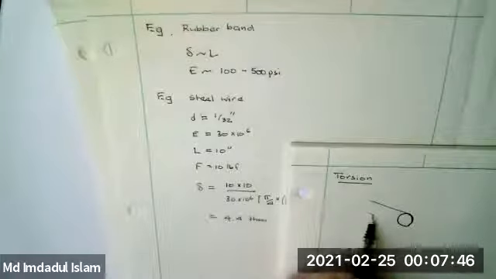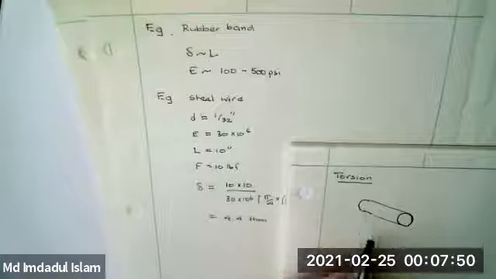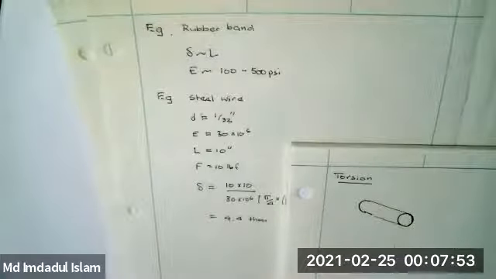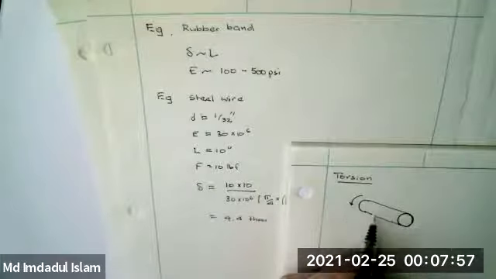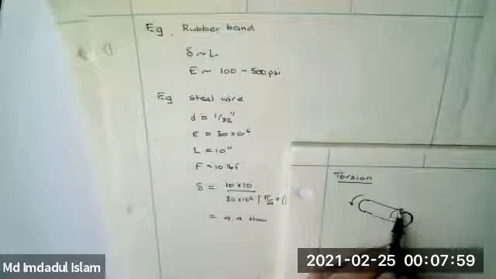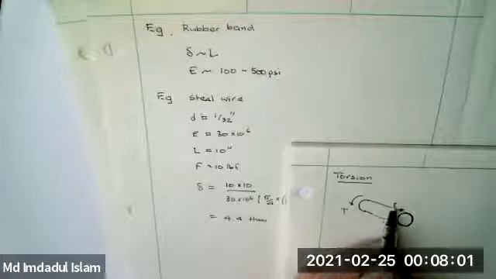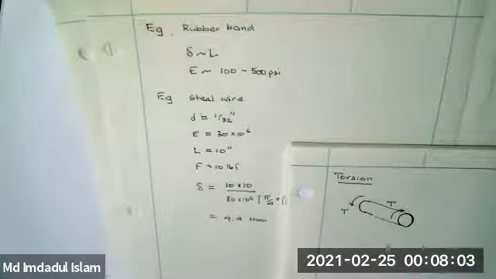We will principally be concerned with torsion of either right circular cylinders or hollow circular cylinders. And just like the tensile specimen, where we applied an equal and opposite force, we have to apply an equal and opposite torque to keep it in equilibrium.